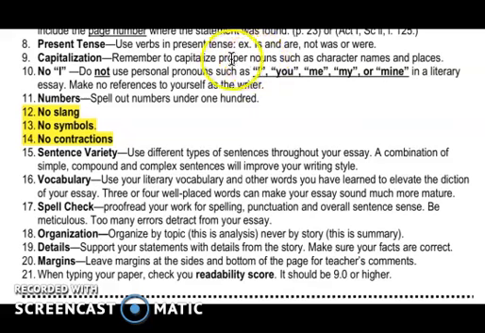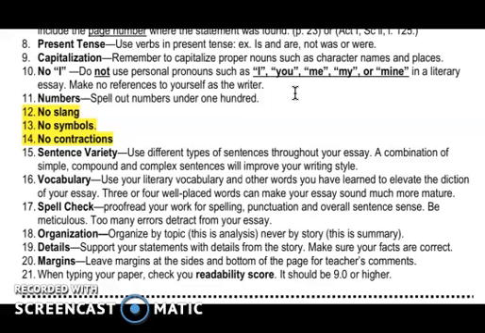Remember to capitalize proper nouns such as character names and places, including languages such as French. Okay? There's no I. Do not use personal pronouns such as I, you, me, my, or mine in a literary essay. Make no references to yourself as a writer. When you're writing a formal essay or paragraph, you want to take the position as an objective observer, not drawing attention to yourself.